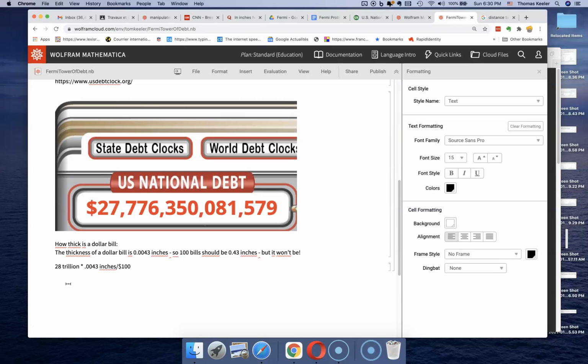Okay, and then what do we have to do with that? We take our inches, and you could say times 1 meter for every, I think it's about 39.37 inches, and times 1 kilometer per 1,000 meters. Okay, so let's see if we can do that calculation.